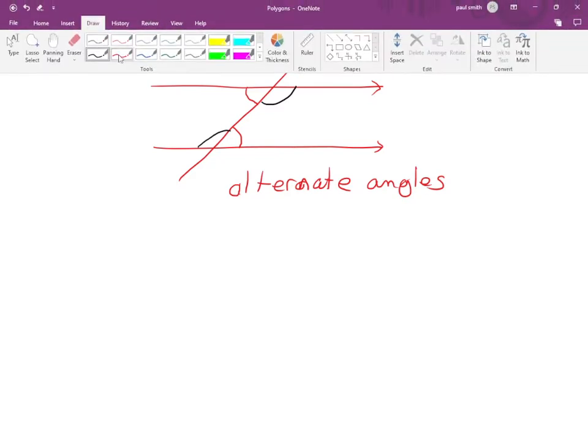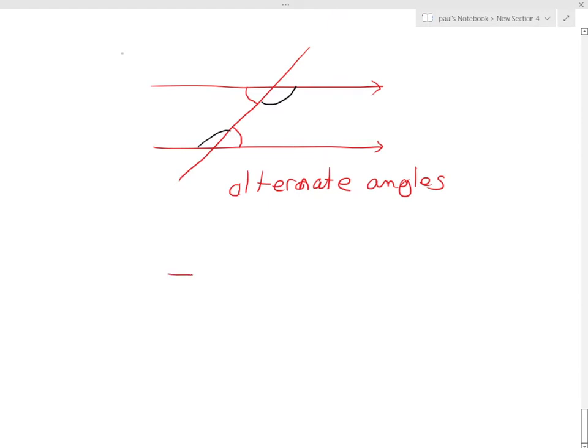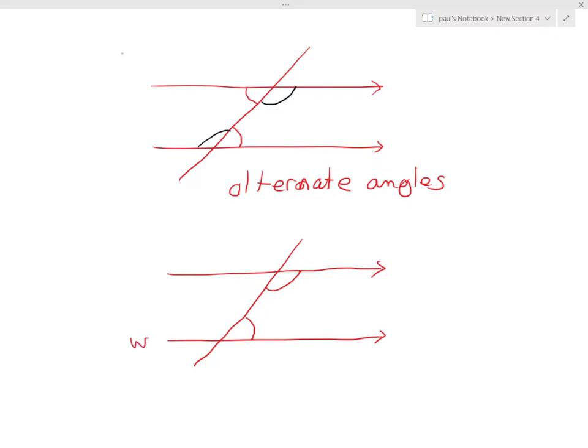So the third little rule to try and remember is this one and this one, this angle and this angle. Now because they're in between parallel lines, if we were to walk along there in a westerly direction, then go up there and then go over there in an easterly direction, we've turned through 180 degrees.